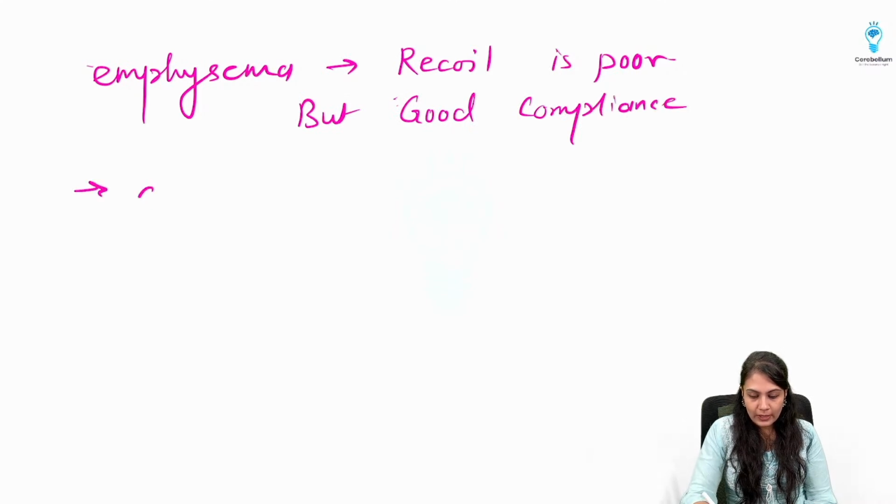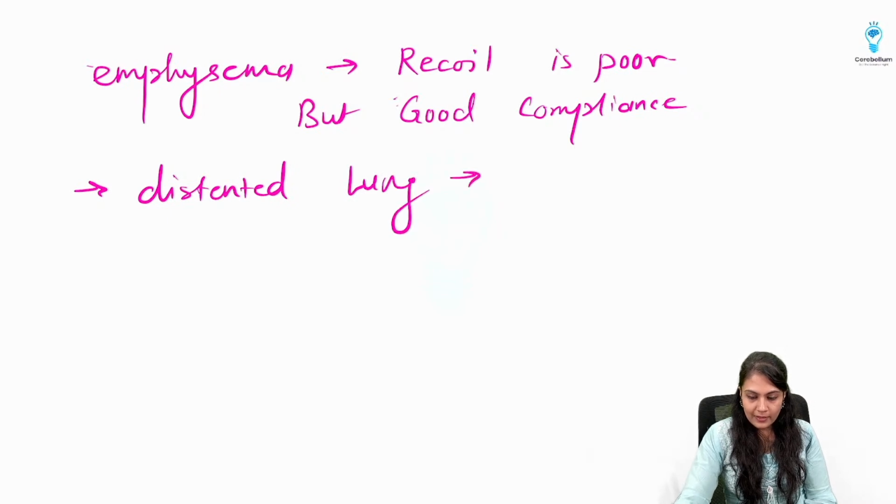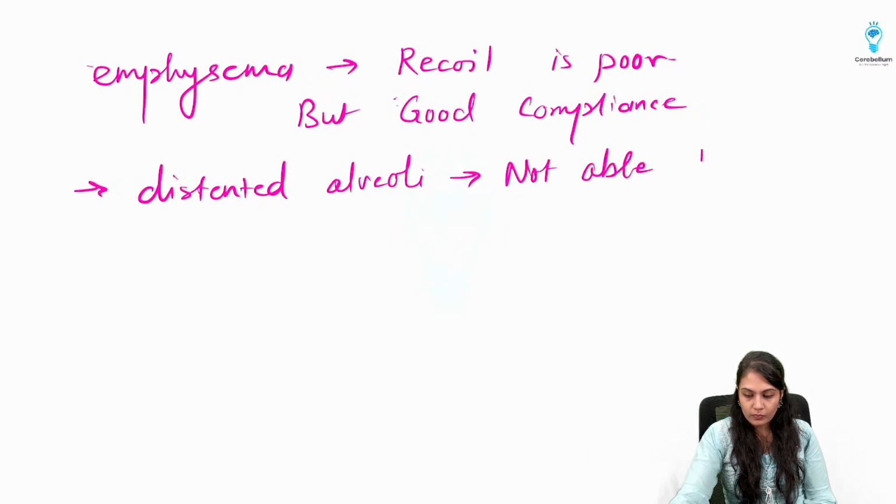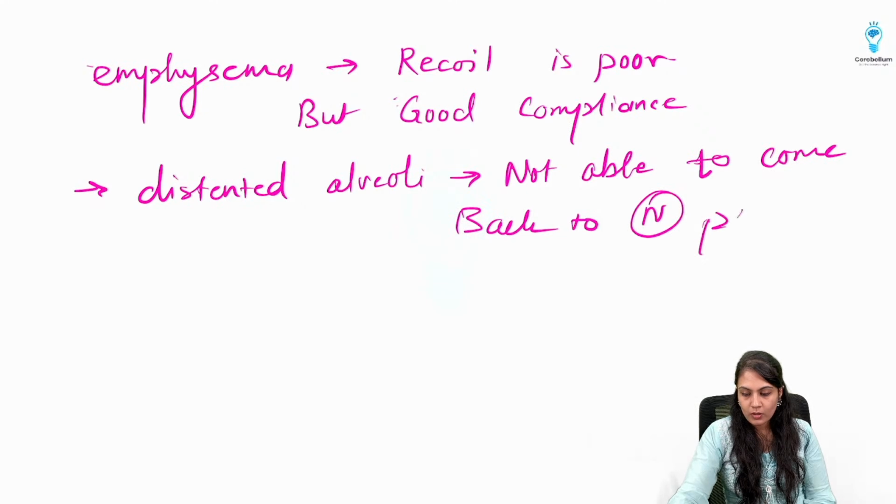Every time the lung will distend, but it won't be able to recoil. Let's write distended alveoli, but they are not able to come back to the normal position. And because of that, what is going to happen?